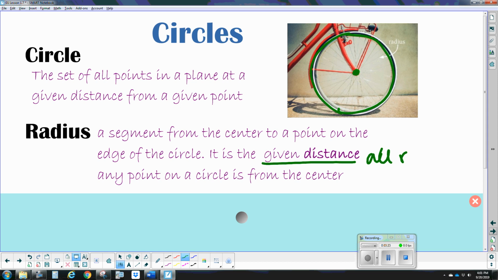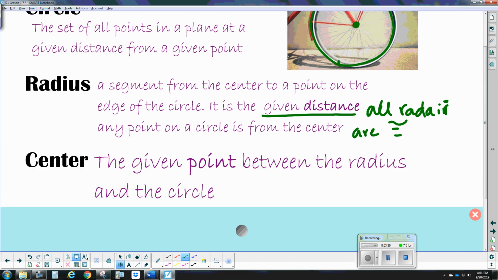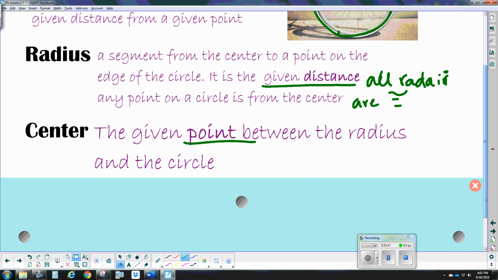This says all radii are equal in a given circle. And then the third term, center, that is the given point between the radius and the center of the circle.